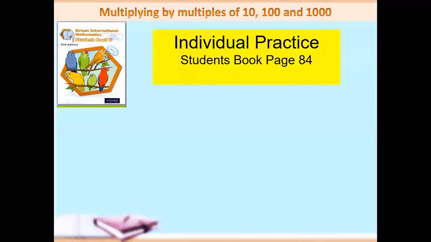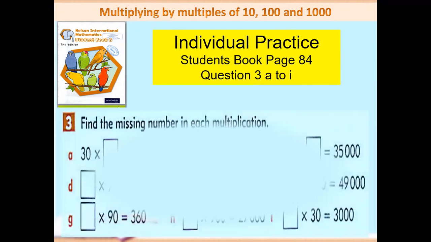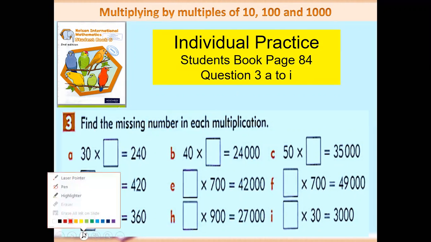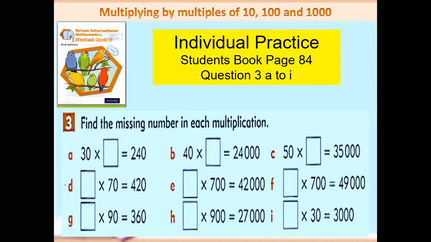Okay, in your textbook, page 84, question 3A to I, we have numbers with missing numbers. So find the missing number in the multiplication. How are we going to do this? So you have to check first the number and the product, the given number.